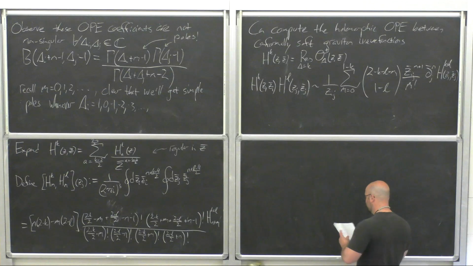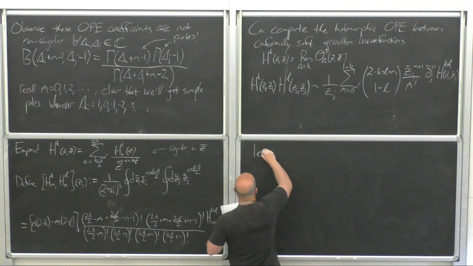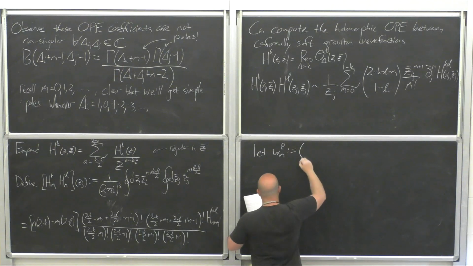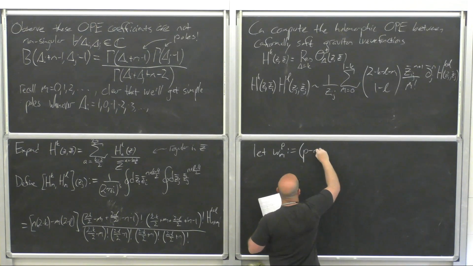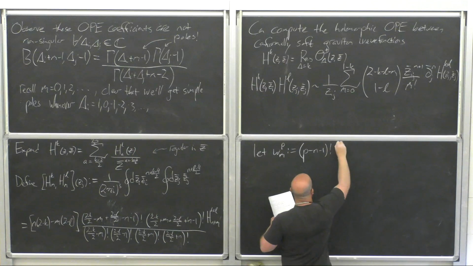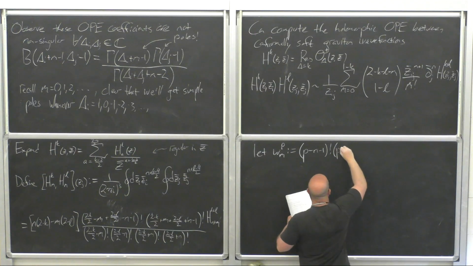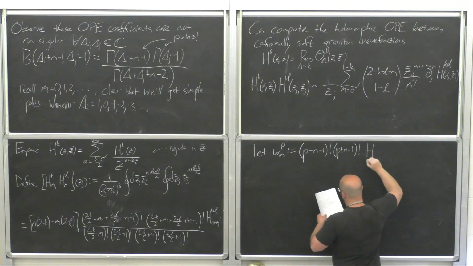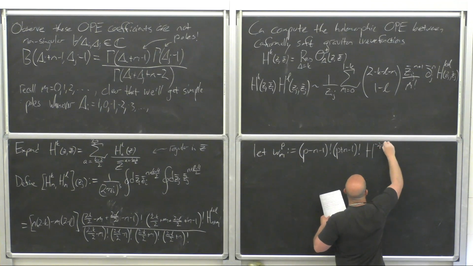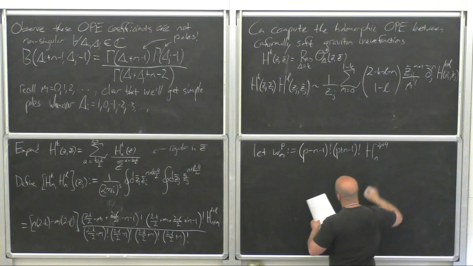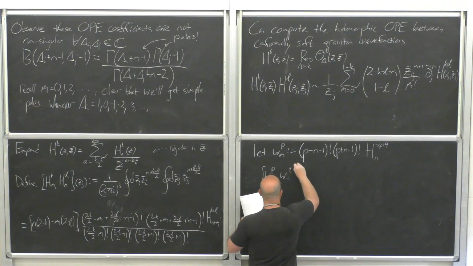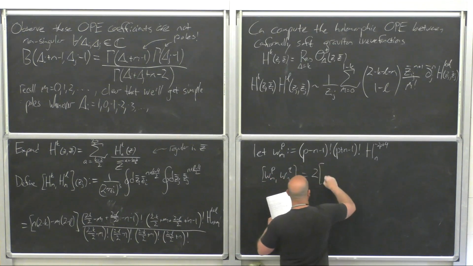So if you let w^p_m be some combinatorial coefficient, then if I take commutators of these new modes, I get something stupidly simple.